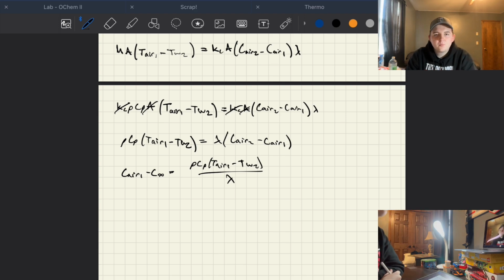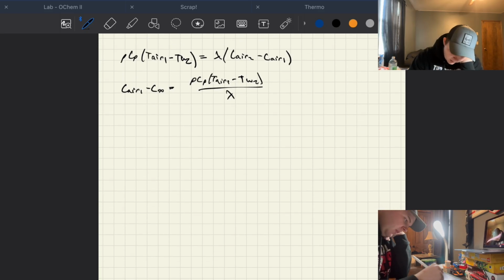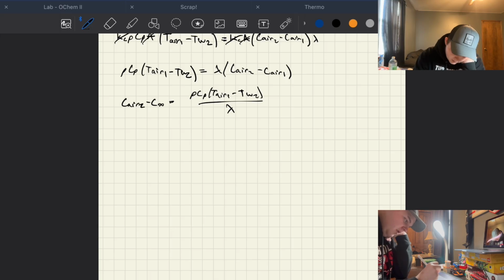Okay, cool. So now we just have to solve for C infinity. Our T infinity will be our dry bulb temperature, and then our T air 2 will be our wet bulb temperature. So once we do that, we'll get, this should be T air 2, not T air 1.